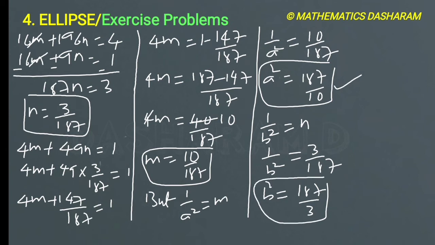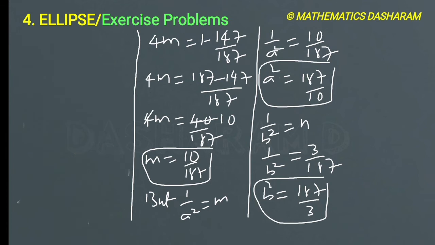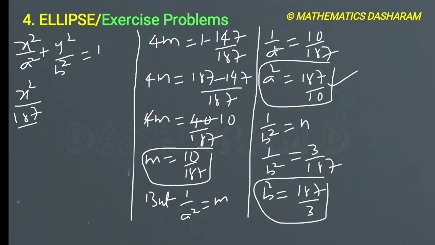Let's substitute a square and b square values in the standard form of ellipse. So the standard form is x square by a square plus y square by b square equals to 1. X square by a square value 187 divided by 10 and y square by b square value 187 divided by 3 equals to 1.